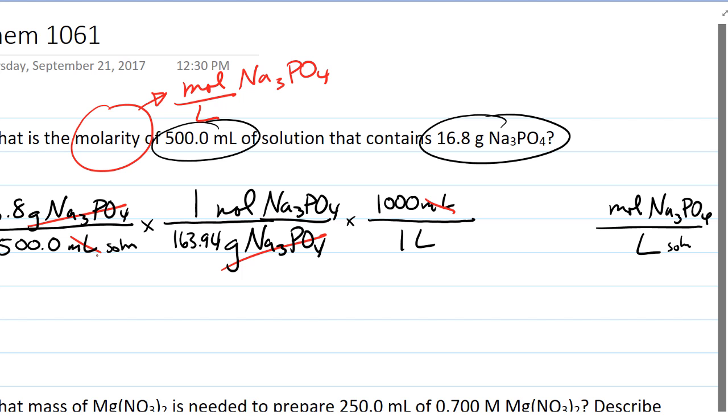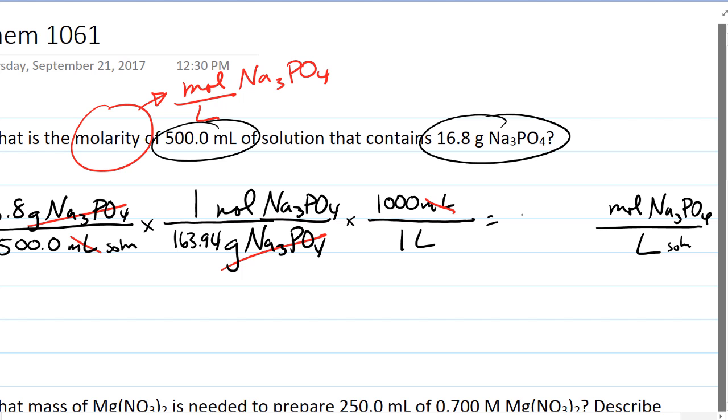We'll take the 16.8, multiply it by 1,000, divide it by 500, and we'll divide it again by 163.94. How many significant figures should be in the answer? 3.